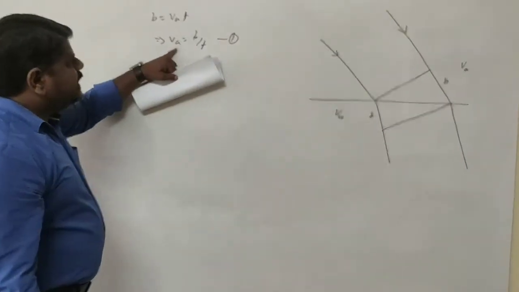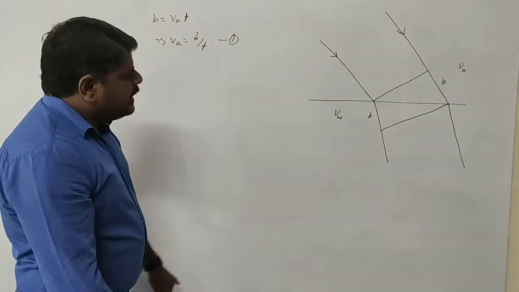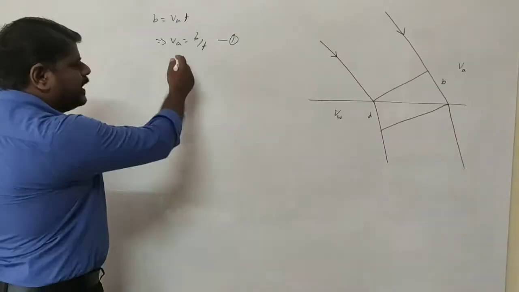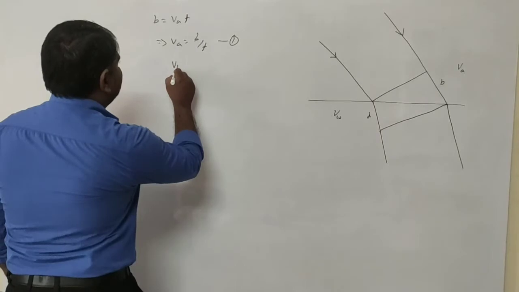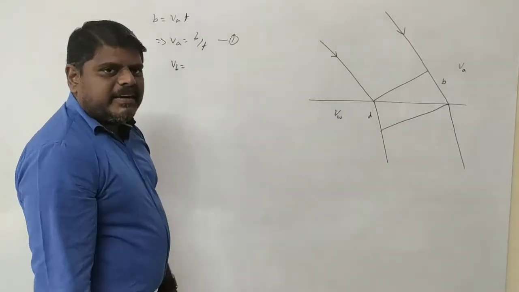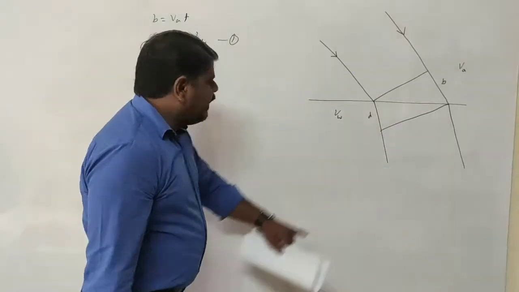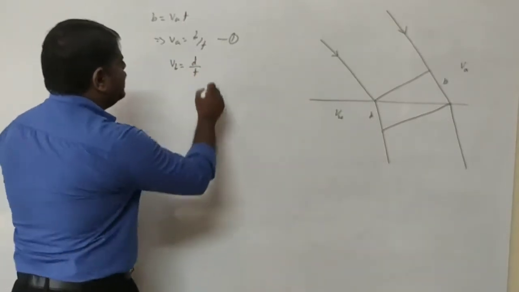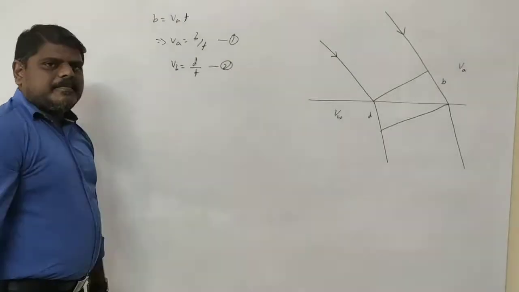This is the velocity in the air. Next, the velocity of light in the water: VW is equal to D, the distance traveled inside the water, by T time. You can call it the second equation.